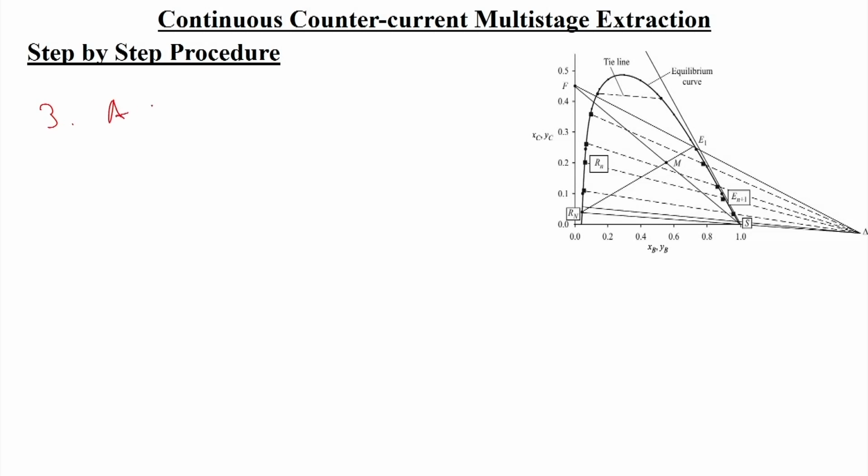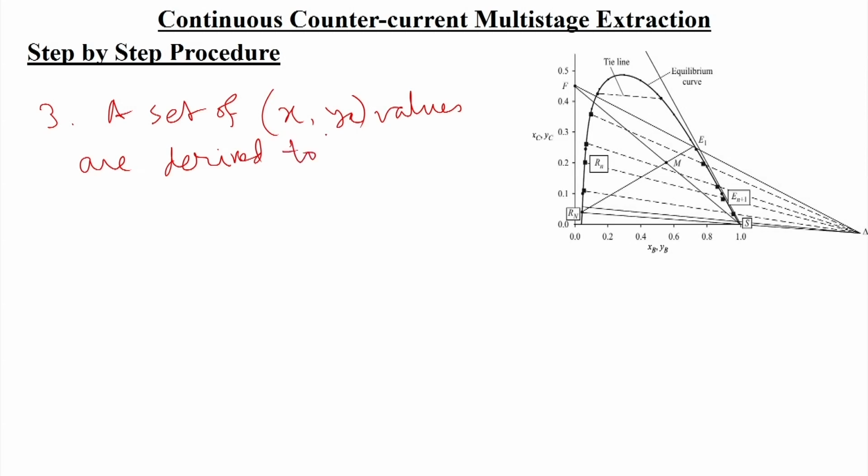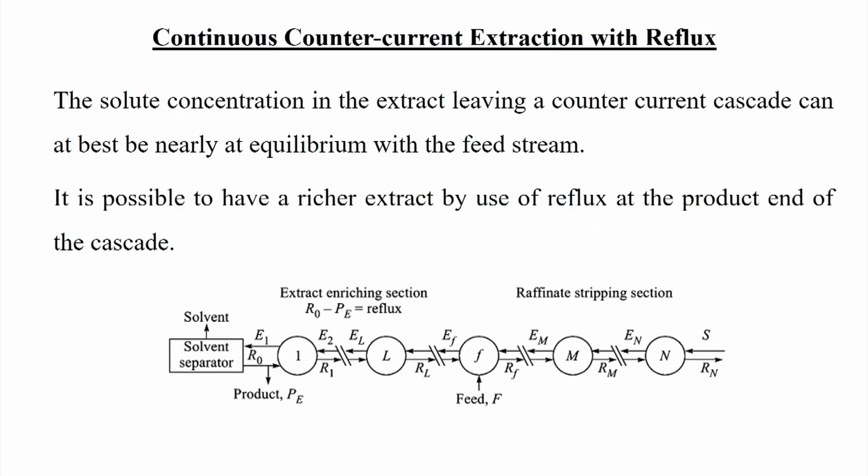Then a set of xc and yc values are derived to draw the operating line. Okay. So, that also we can do. So, using this alternative technique also we can do the counter current multistage extraction system.